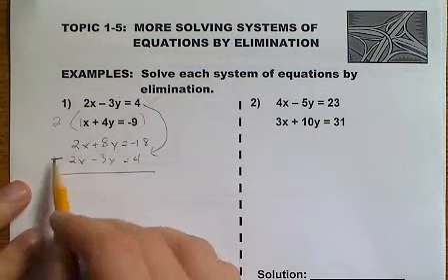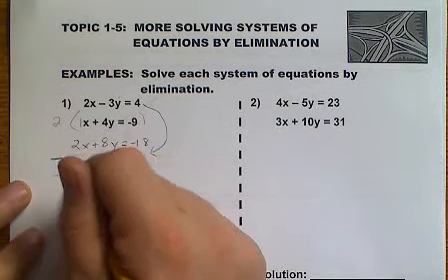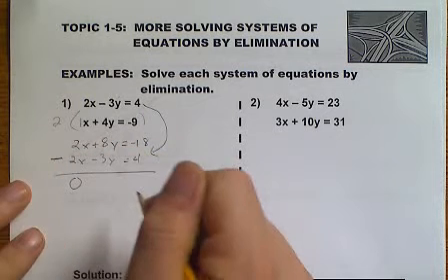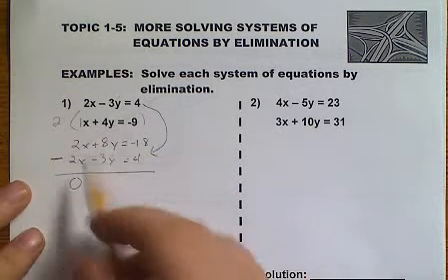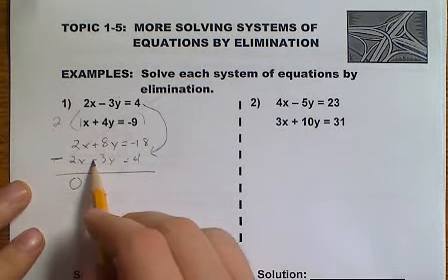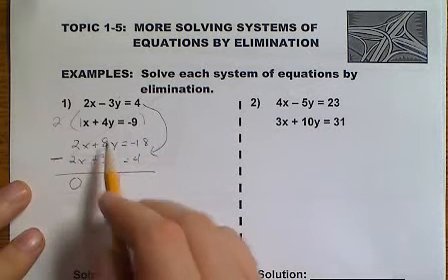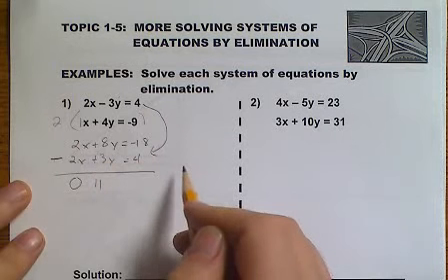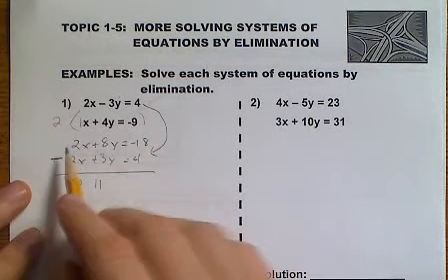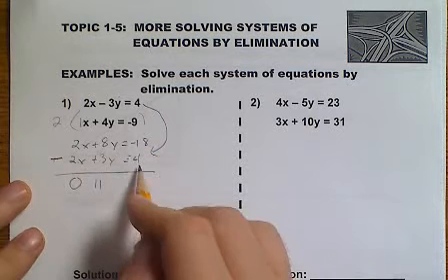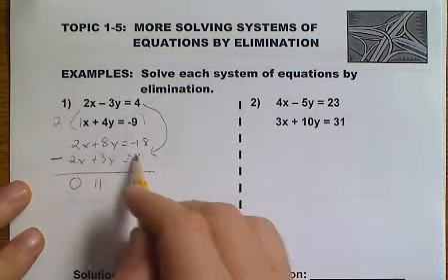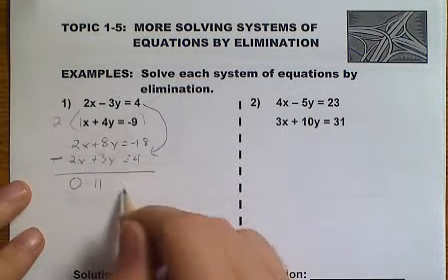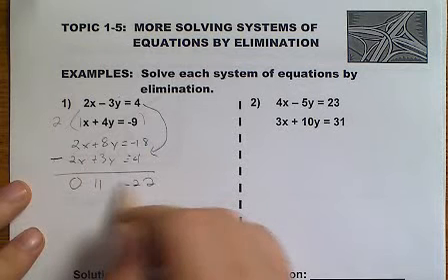2x minus 2x is nothing. Well, minus a negative is really plus. So 8, 9, 10, 11. And negative 18 minus 4 is 18, 19, 20, 21, 22, negative 22.